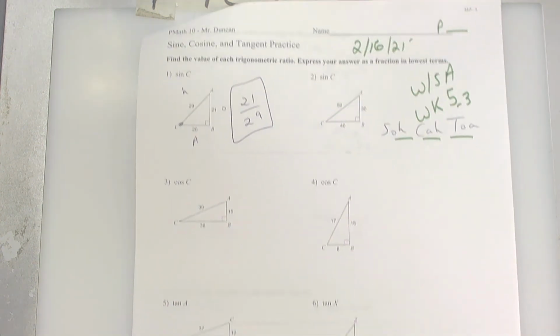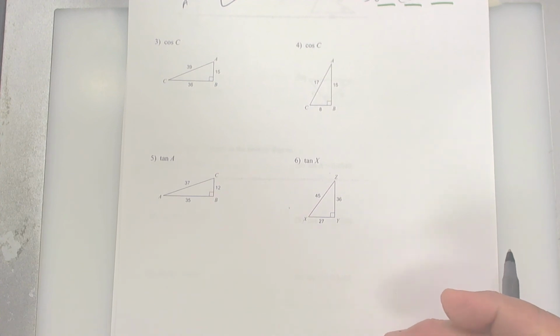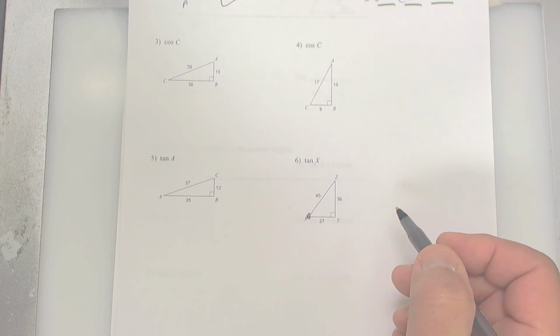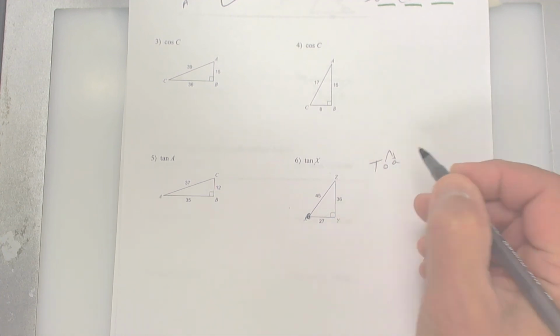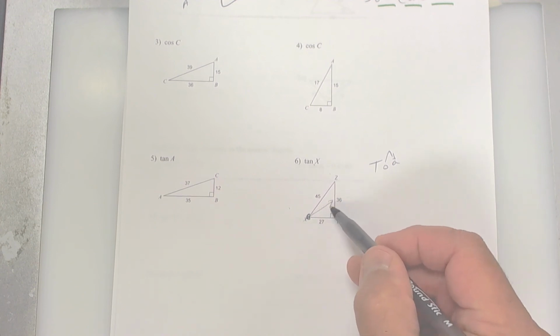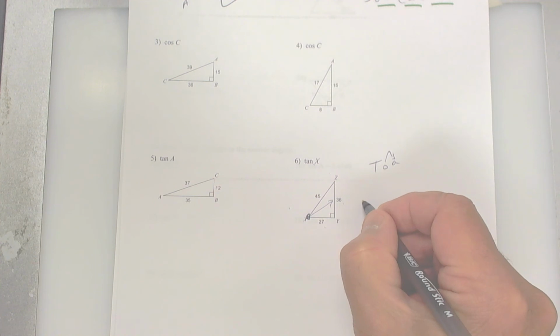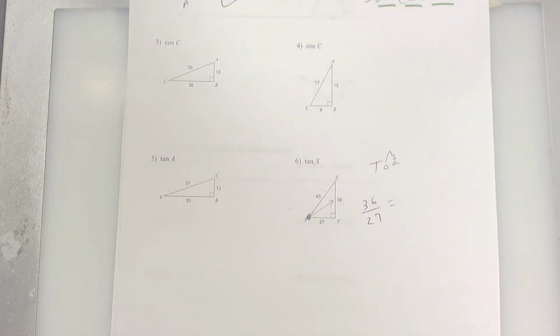So for this top part, all you do is stand wherever they tell you to stand, and then you write the trig function. Like if I'm standing at X, put a dot. Tangent is TOA, so it's opposite over adjacent. So the opposite is 36, and the adjacent is 27. So your answer is 36 over 27, and then you got to try to reduce it.